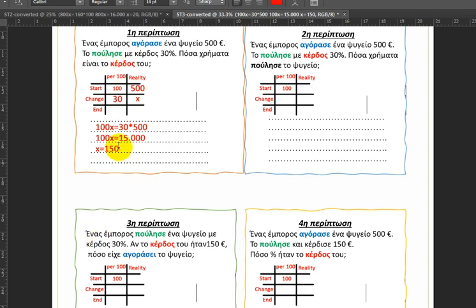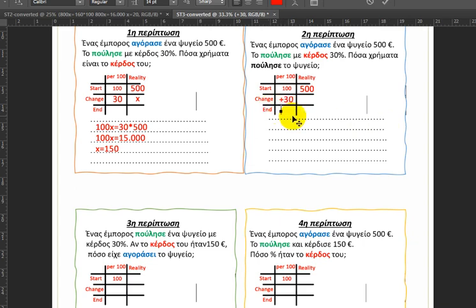But if we hadn't done this problem, what we would say is the starting price is 500. It's giving it 30% more. And since it's 30% more, it's plus 30.